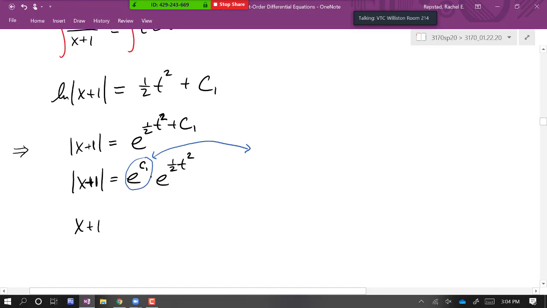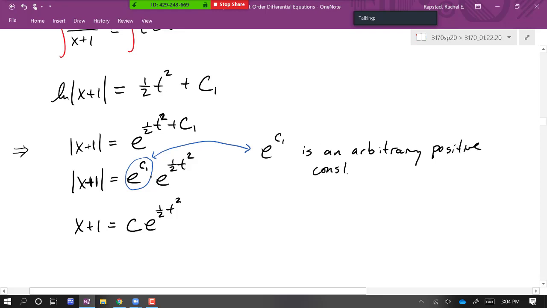So x plus 1, now no absolute values, is some constant, I'll call it c, times e to the 1/2 t squared. So e to the c1 is an arbitrary positive constant. We're replacing it with the constant c. We're also dropping the absolute value signs at the same time to allow for the fact that this could be positive or negative, and that's fine for our function.